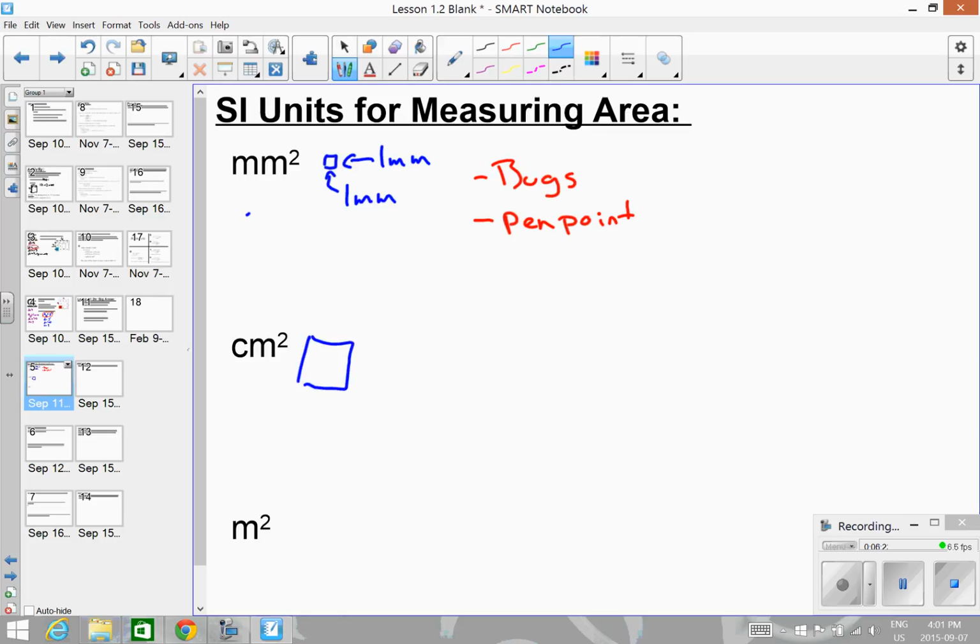And as you may have guessed, the length is 1 centimeter and the width is 1 centimeter. All right, so that square is about the size of your pinky fingernail. About.